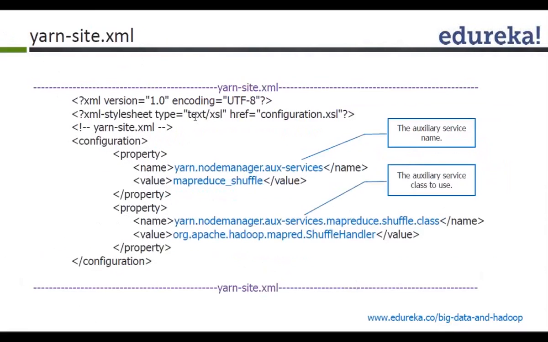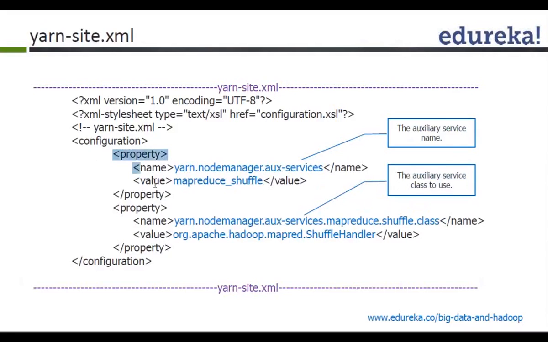Now, let's get down to the last of the XML files, called yarn-site.xml. There are two mandatory attributes that you should have over here. What is the auxiliary service name, which will actually do the work, and what is the class that we will have to use for making it work?